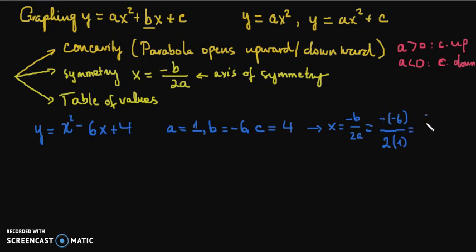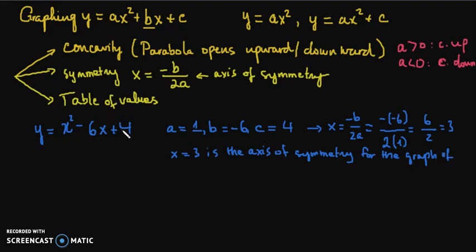So we have 6 divided by 2, and I have 3. So x equal to 3 is the axis of symmetry for the graph of, let's call this function number 1.